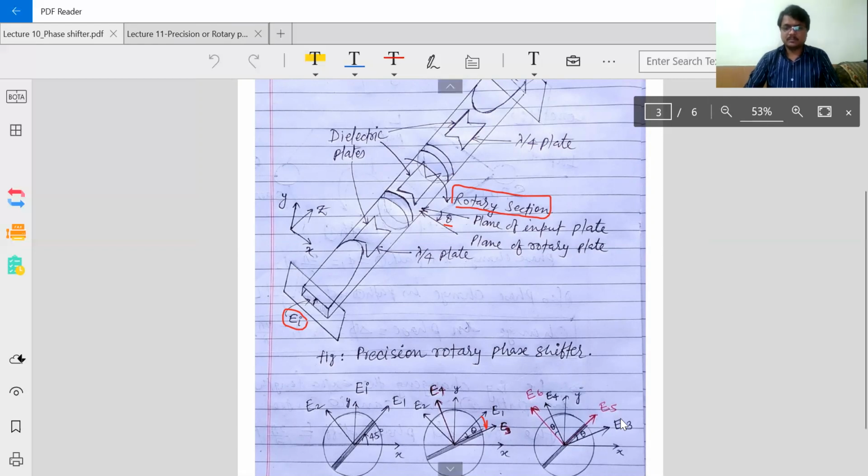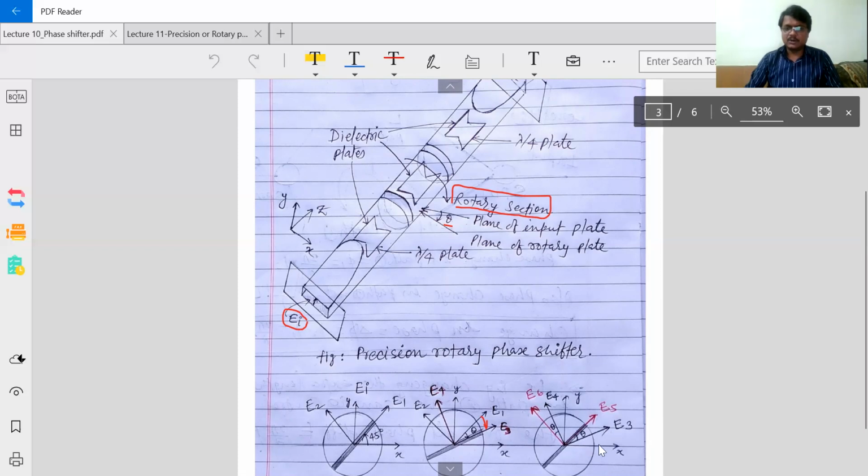Now E3 will be at theta degrees, because E3 is at this theta from 45, and it will be at 45 because the input section and output section are in the same plane, at the same angle. Okay, so it is very simple.